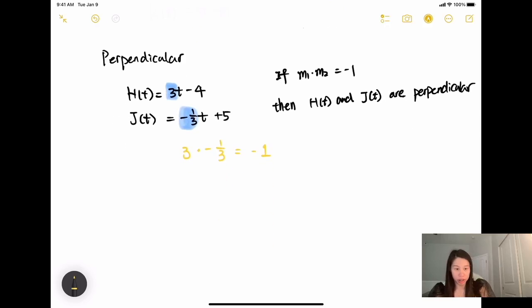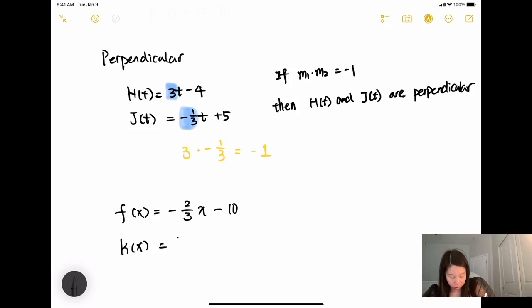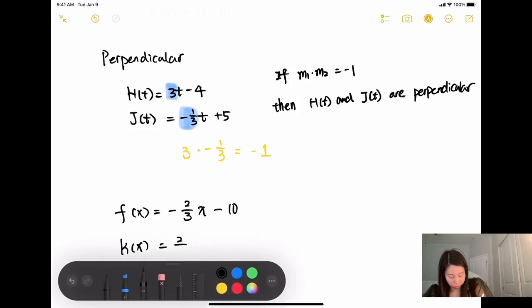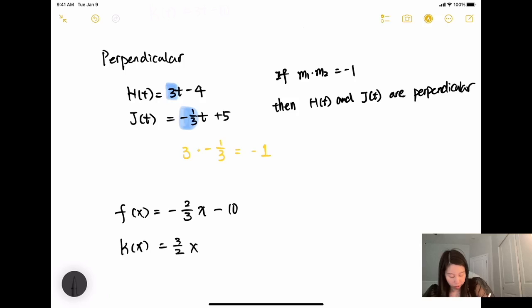So let me give you another example, such as f(x) equals negative 2/3 x minus 10, and then k(x) equals 3/2 x plus 8. Are these two perpendicular without drawing the graph?